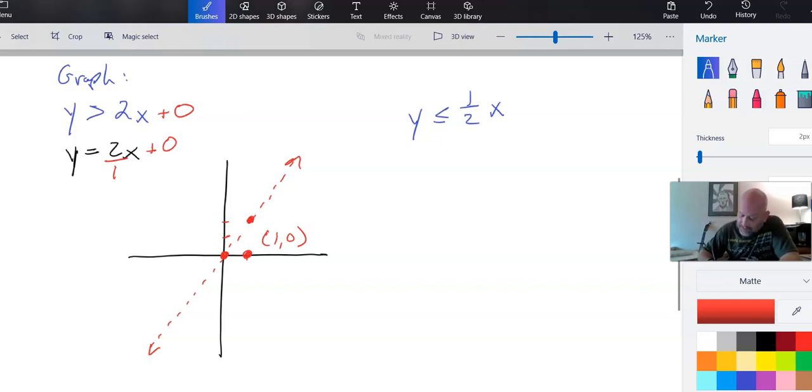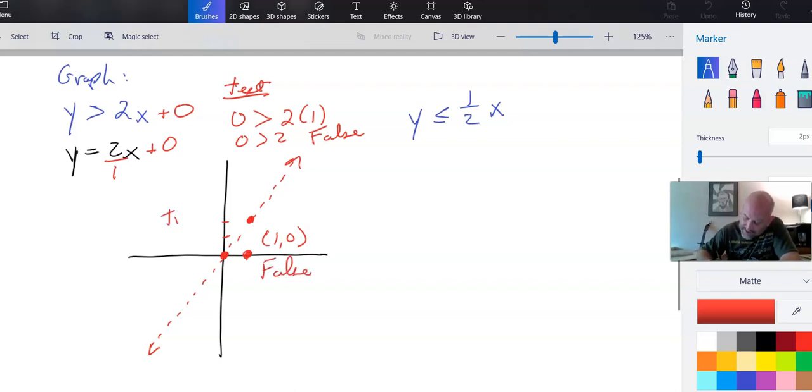So let's go ahead and do this. If x is 1 and y is 0, let's see if that's a true statement. Here's our test. Is 0 greater than 2 times 1? Well, 0 is not greater than 2, so that's false, which means that this side is false, and that means this side is true. And if this side is true, then this is the side I color.